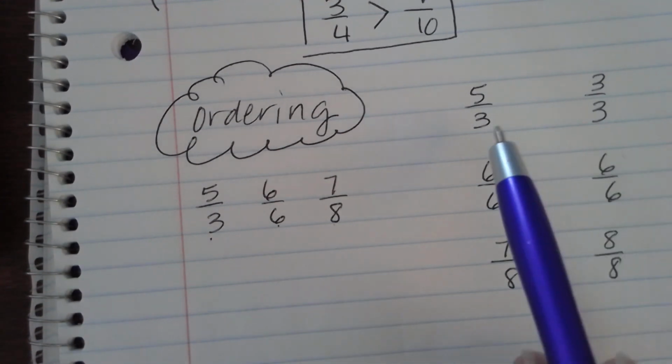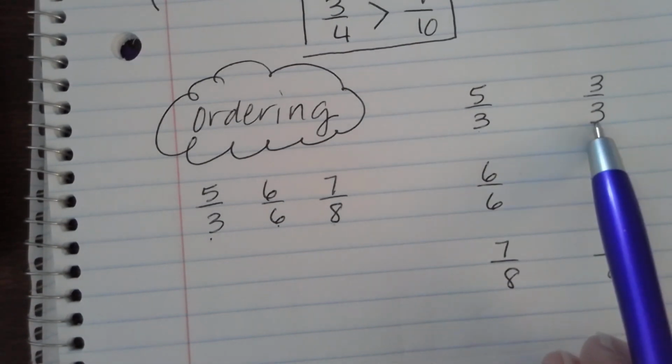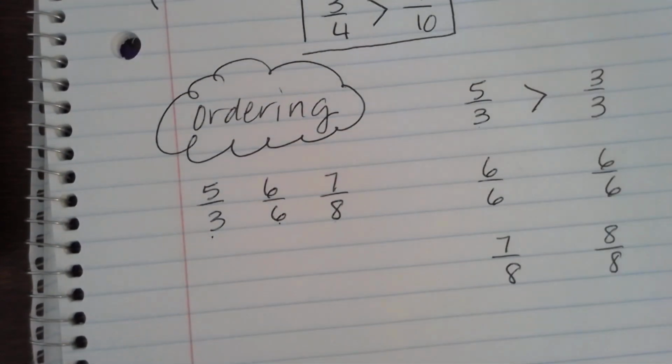Now, if I look at 5 over 3, and 3 over 3 gives me a whole number, which one's bigger? What's bigger, 5 over 3 or 3 over 3? 5 over 3. So this one's bigger than a whole. What do we know about 6/6 compared to 6/6?